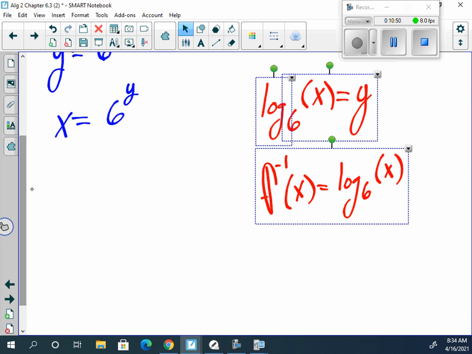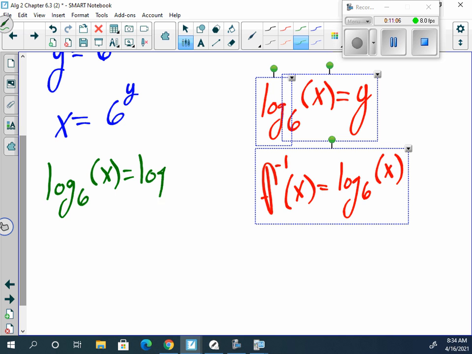Now, we just said when the base and what's inside the logarithm match up, they simplify out, yes? So the other way that we could do this, besides just using the switch method, is that I could apply log base 6 to both sides.